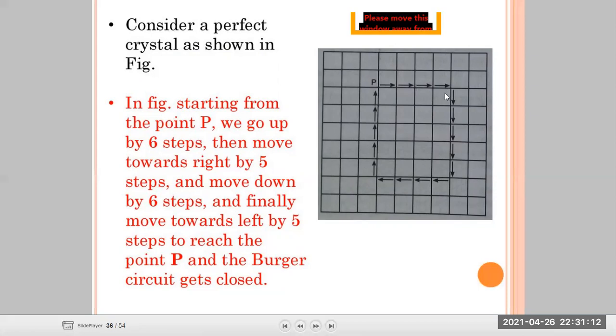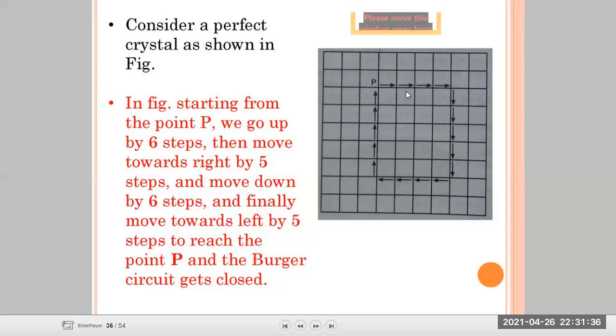Then move towards the right, 6 steps. Then move towards the right again, 5 steps. And finally move towards the left, 1, 2, 3, 4, 5 steps to reach the point P, and the Burgers circuit is closed.